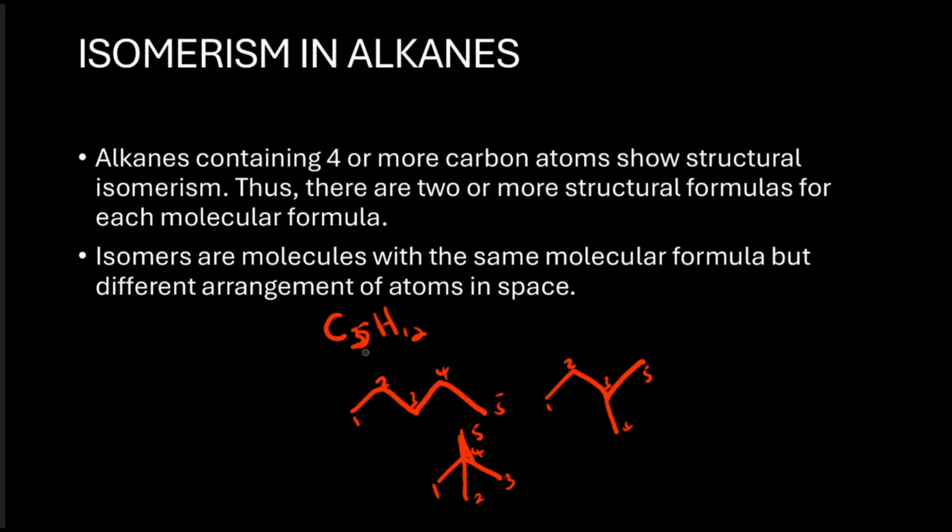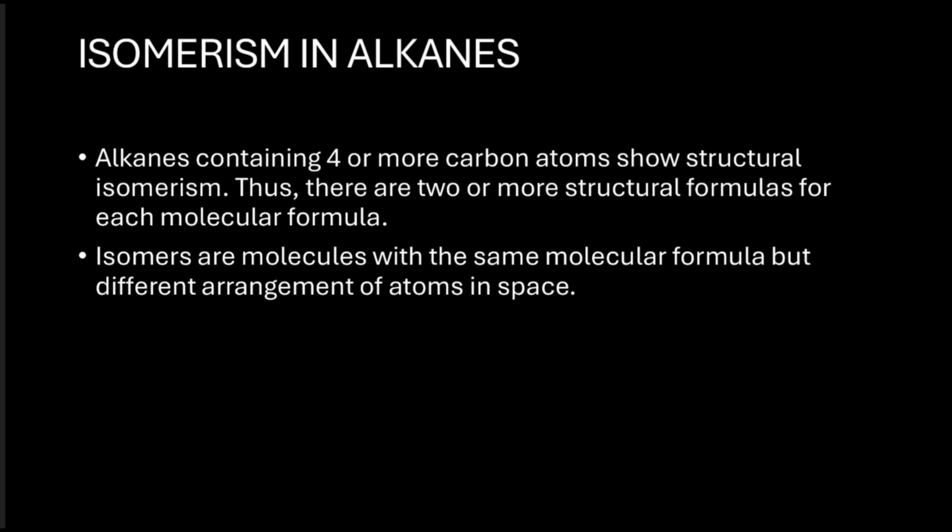So we can see that all these structures have the same molecular formula but different arrangements of the carbon atoms. So we can go ahead and try writing the various structural formulas of this particular alkane. You can pause the video at this moment and try your hands.